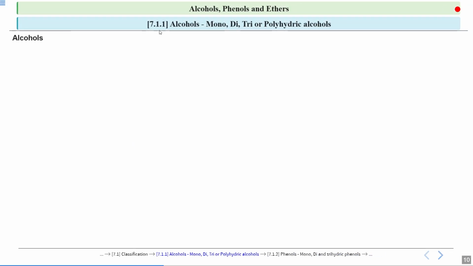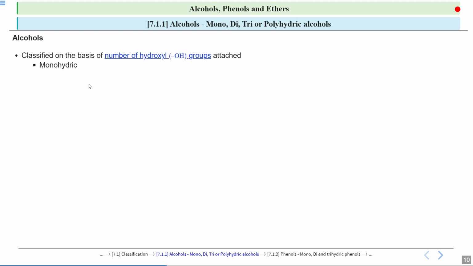Now let's talk specifically about section 7.1.1, that is alcohols, in which we will talk about mono, di, tri or polyhydric alcohols. Alcohols are classified on the basis of the number of hydroxyl groups attached. We have just seen how many hydroxyl groups are present in a molecule, and we can classify on this basis.